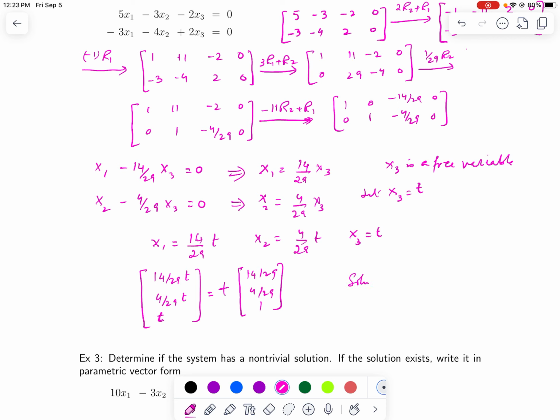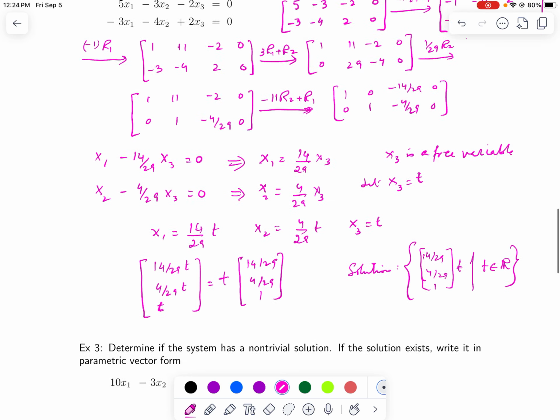So sometimes we write our solution like this. So write the vector t outside such that t is a real number.